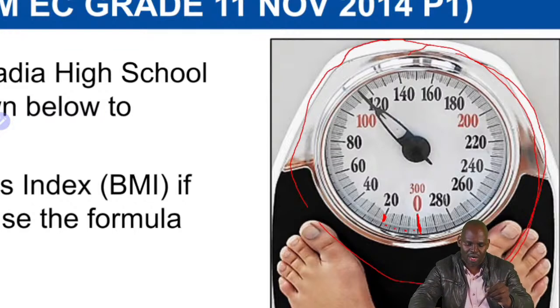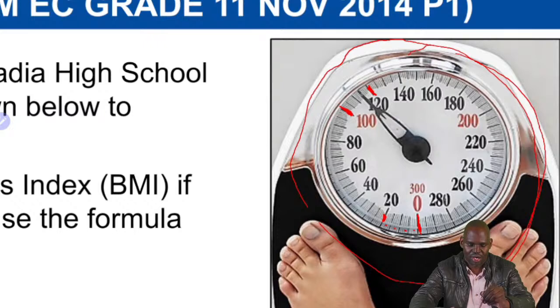Right, but now let us look at the dial there. The dial is pointing at between 100 and 120. So now we need to check. From 100, this is 105, and then 110, then it's 115.